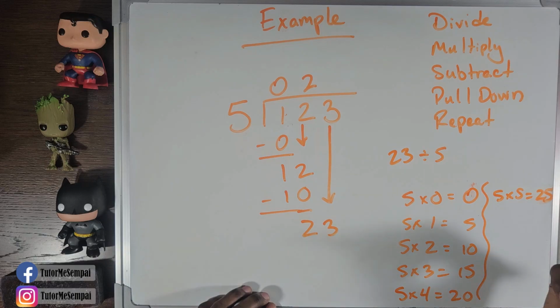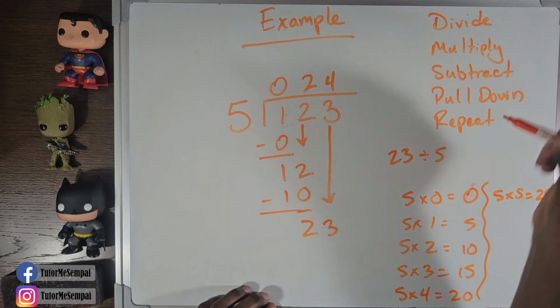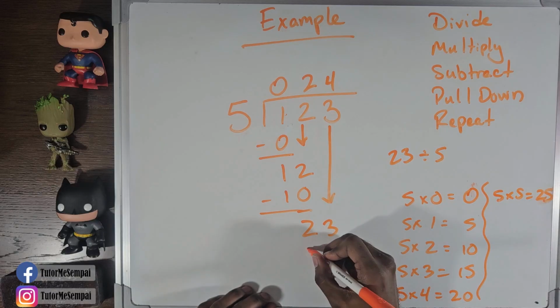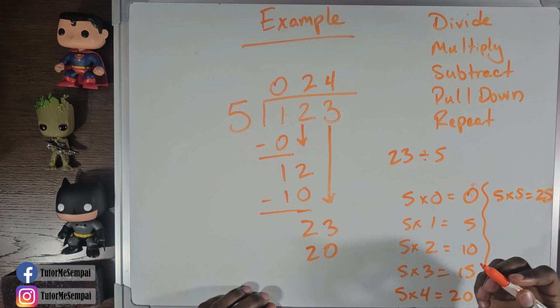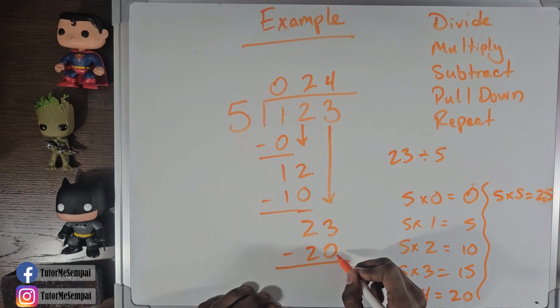What's the closest we can get? Because clearly 23 is not here. The closest we get without going over is 20. So our answer here is going to be 4. Next, multiply. 4 by that 5 gives us the same 20 we just talked about, right? We multiplied. Subtract now. 23 minus 23.